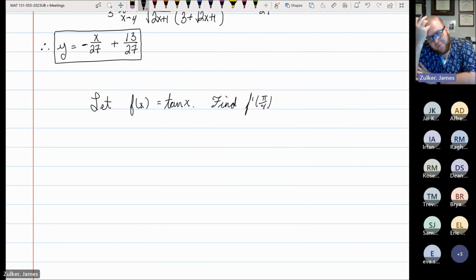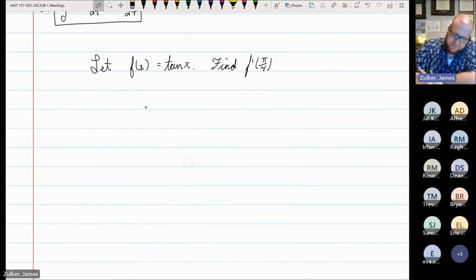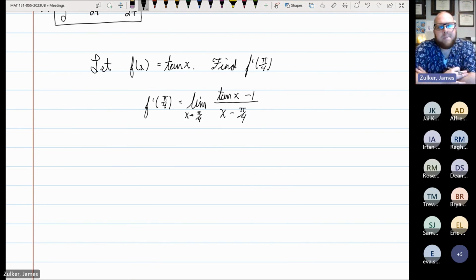What's f prime of pi over 4? Well, to find it, you'd have to set up this limit, right?